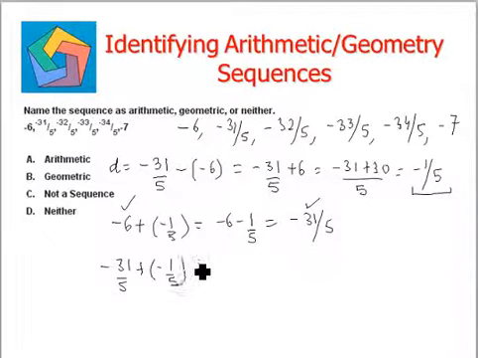Let's see what we get. This is -31 over 5 minus 1/5, which equals negative 32 by 5. This is the third term. Let's see the fourth term. Do we get the same?